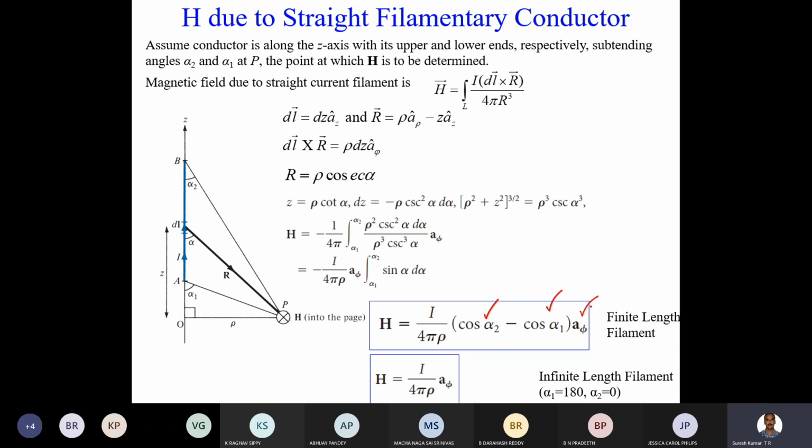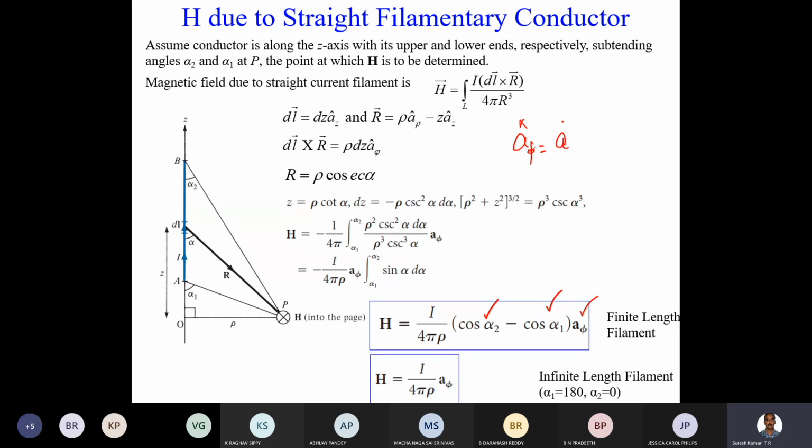Apart from that, a phi is the resulting magnetic field. Using your right hand, you can predict the direction of the magnetic field. Last class we had some examples. Mathematically, how do we calculate a phi? You can calculate the resulting direction of the magnetic field due to any current distribution using this equation.